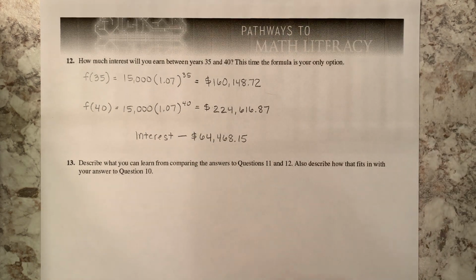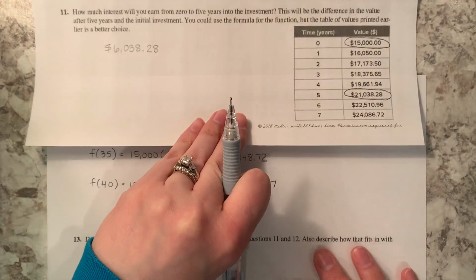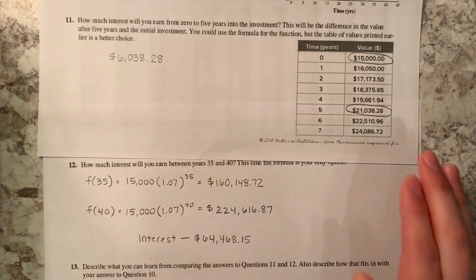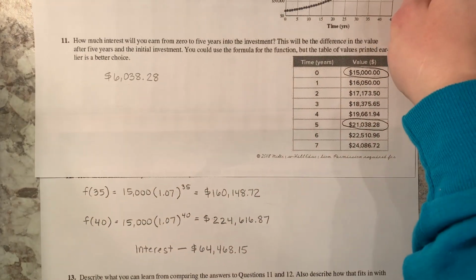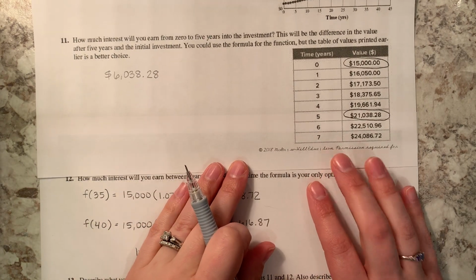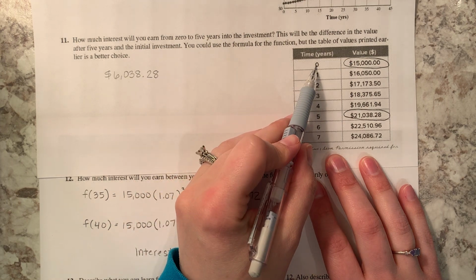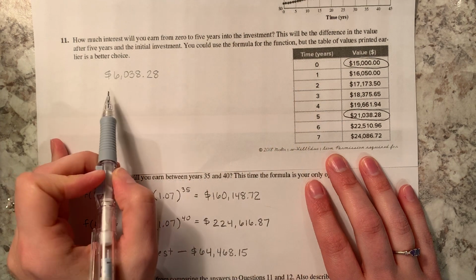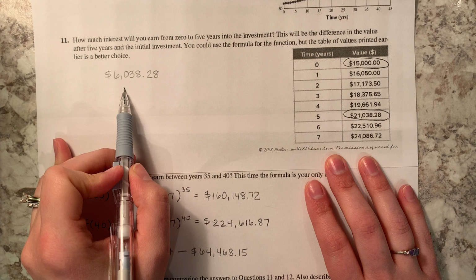Now, number 13 asks us to discuss the differences between 11 and 12. So I'm going to try to sneak 11 back in here so we can discuss it. So you'll notice number 11 is asking us to find the amount of interest over 5 years, going from 0 to 5. And it was just over $6,000.